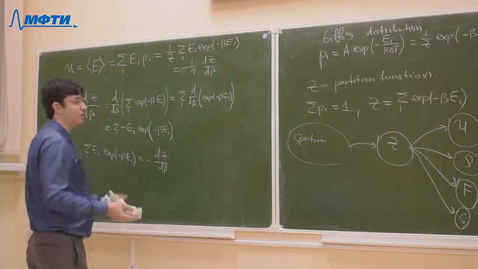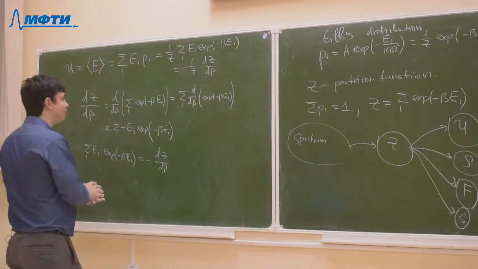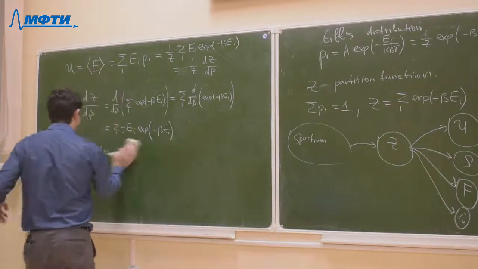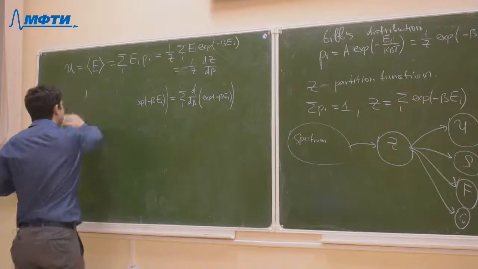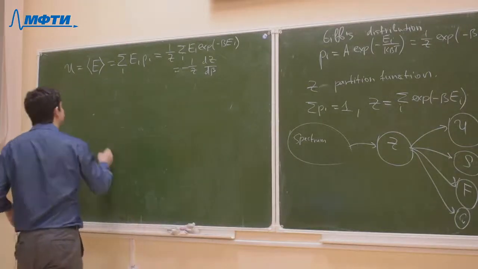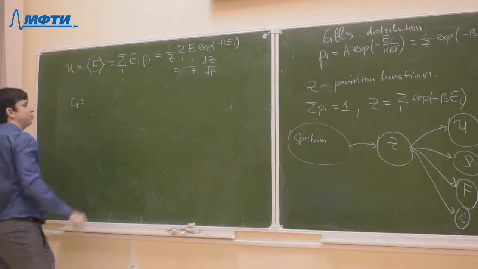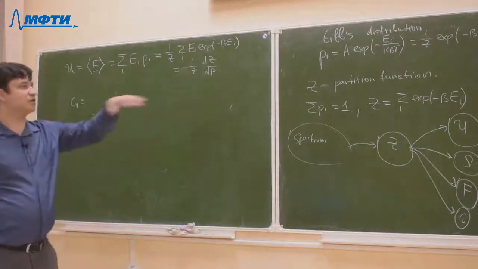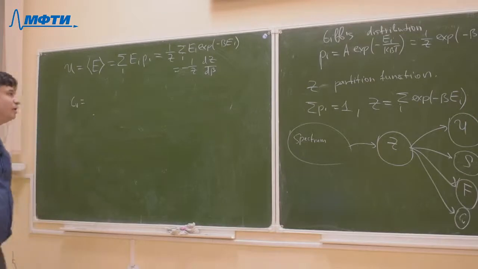Then you can also calculate the heat capacity when you know the partition function. Okay, heat capacity at a constant volume. All of these distributions are considered at a constant volume here.